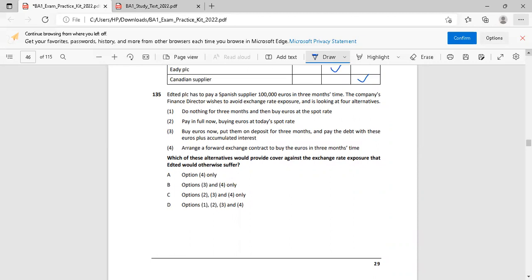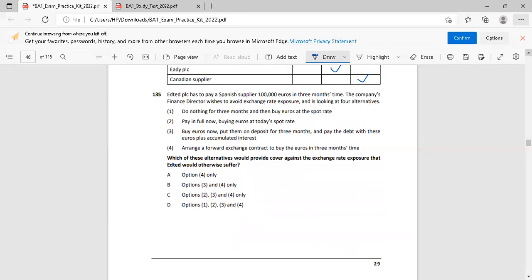Edited PLC has to pay a Spanish supplier 100,000 euros in 3 months' time. The company's finance director wishes to avoid exchange rate exposure and is looking at 4 alternatives. One, do nothing for 3 months and then buy euros at the spot rate. Two, pay in full now, buying euros at today's spot rate.